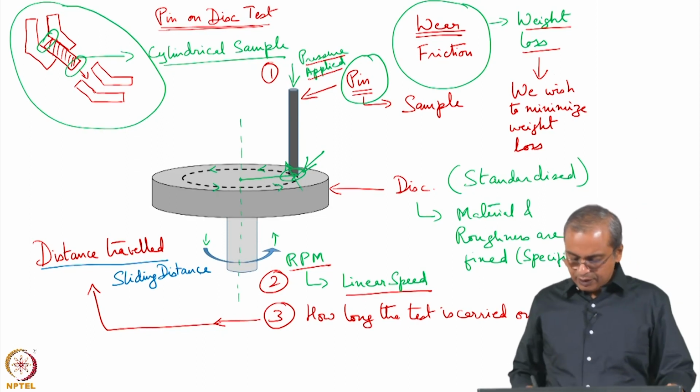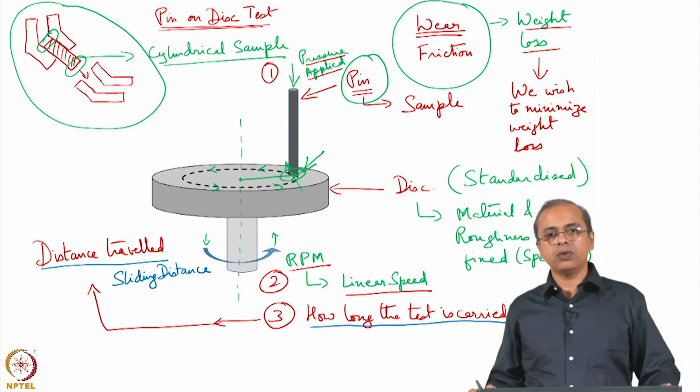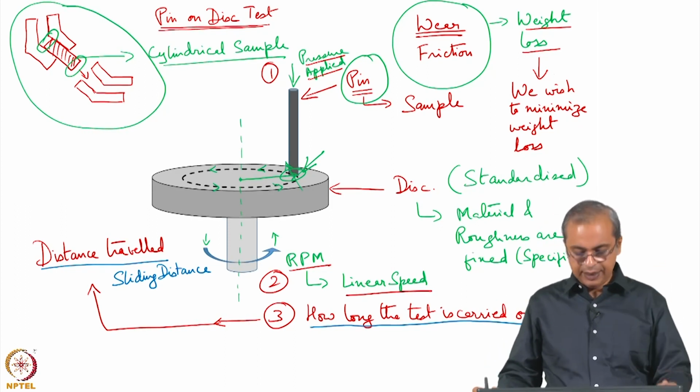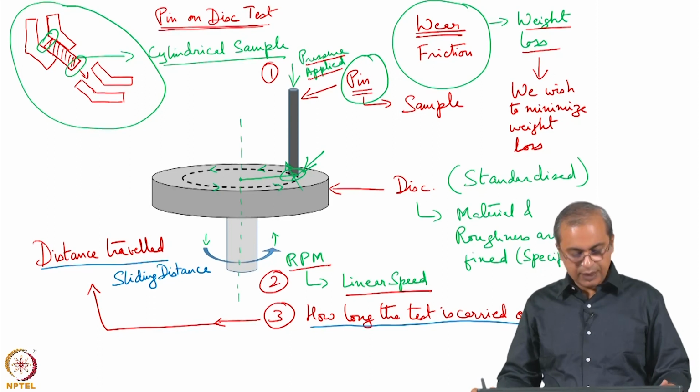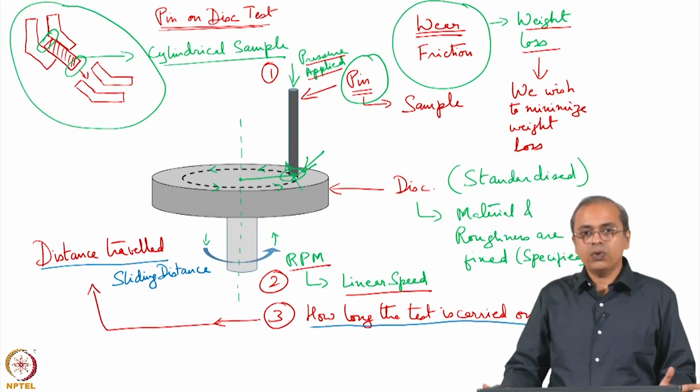So, it is important for us to control how long the test is being carried out, and under those conditions you are basically controlling the distance travelled, and then we want to look for weight loss.